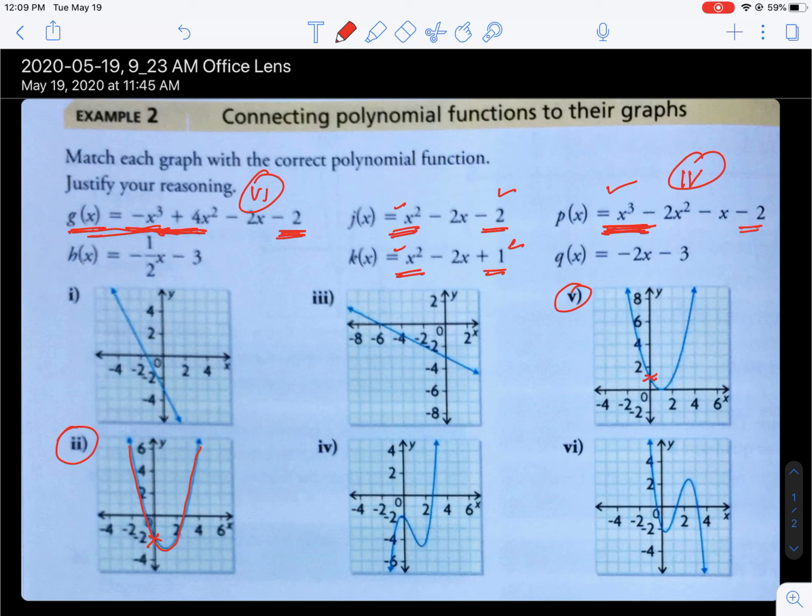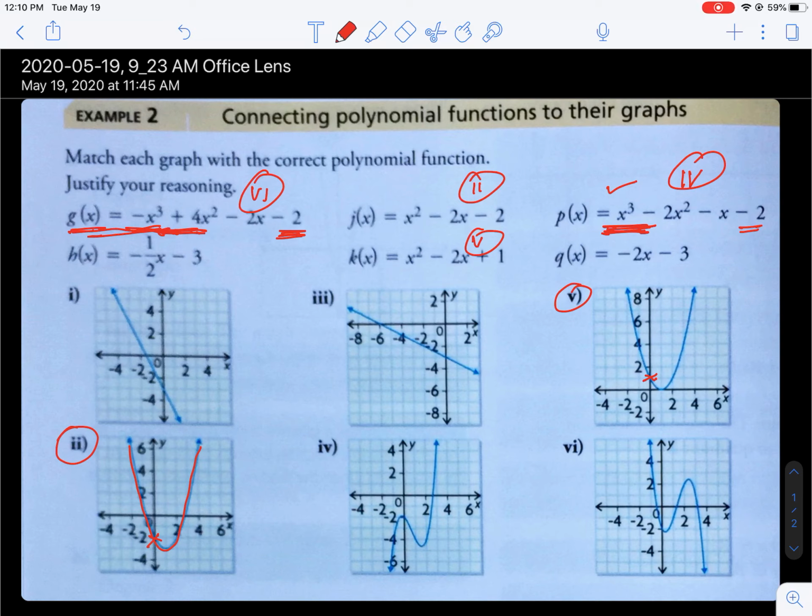So we can clearly say the +1 is 5. So this one represents graph 5, Roman numeral, and this one is 2. The top one is 2.